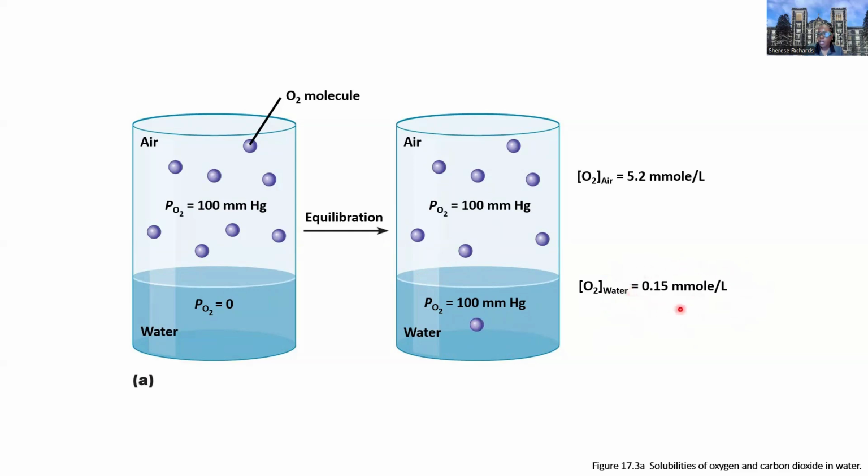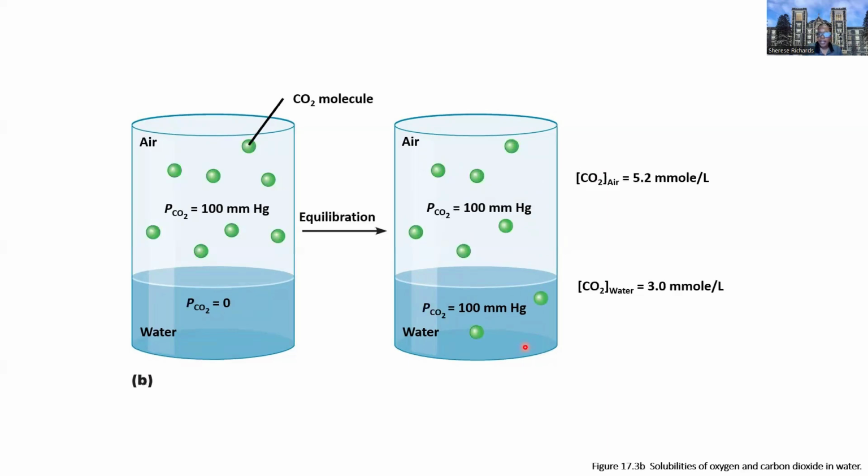Here we can see 0.15 millimoles per liter dissolve. And now our gas is at equilibrium, with the partial pressure of oxygen being 100 in the air and 100 in the liquid as well, and only 0.15 millimoles per liter ends up dissolving.